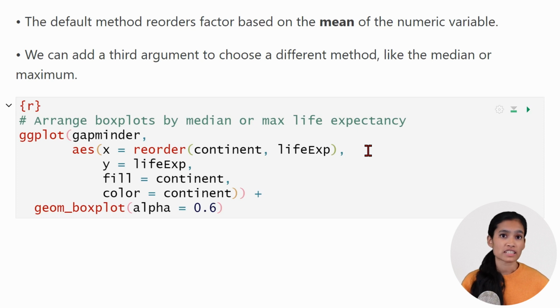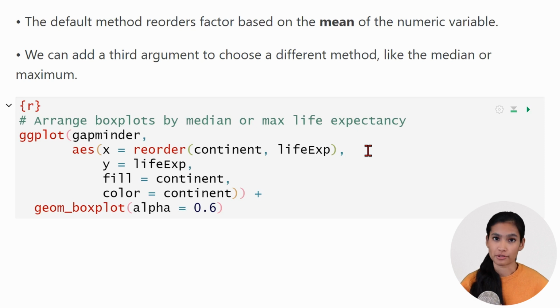Say if we want to get the median of each subset and order the box plots by median, we'll simply add median at the end. If we want to sort the box plots by the maximum life expectancy within each subset, we put max, M-A-X, because that's the name of the function in R that calculates the maximum value in a numeric variable.